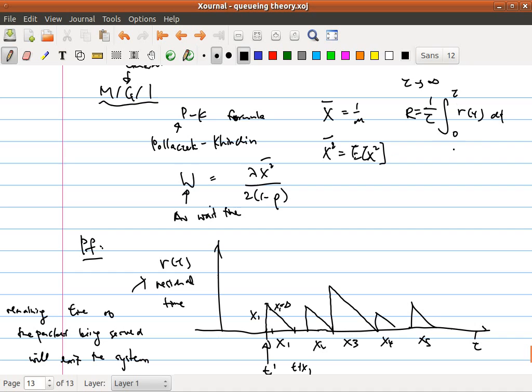And this integral is basically just the area underneath, which is the sum of these triangles, and each triangle has size x. The first one is just the area of a triangle, therefore it's x1 squared over 2 plus x2 squared over 2, and so on and so forth. And how many triangles will we have?